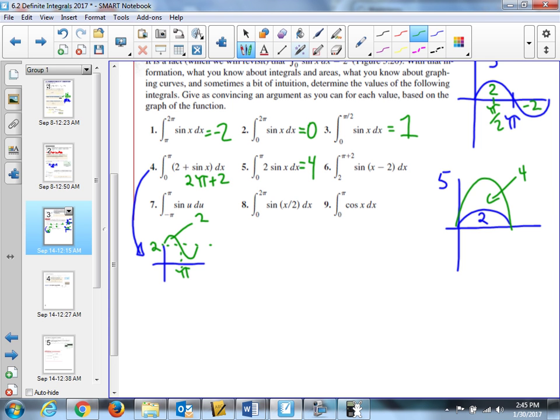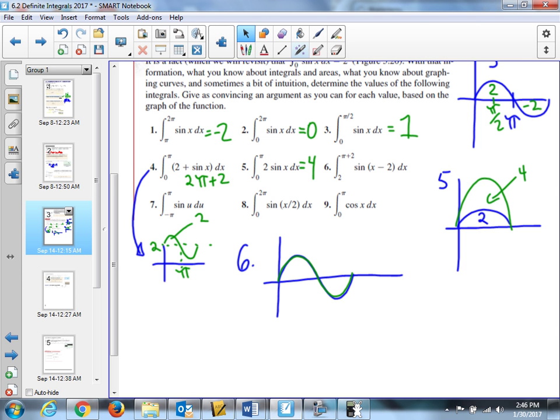What's number 6 all about? Sine of x minus 2 units, and then go from 2 to pi plus 2. What happens there? What does the x minus 2 do in the bracket? Here's my regular function, right? Now, I'm going to do it in green.